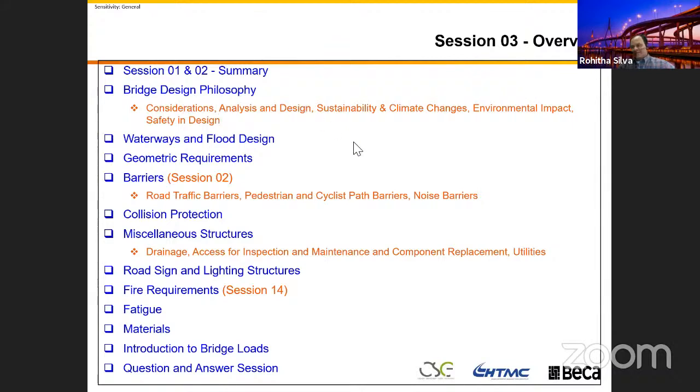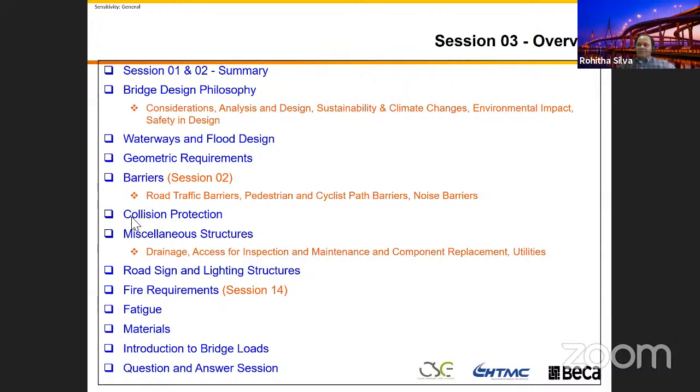Then I will give you an overview of bridge design philosophies, the way the course develops. I'll spend a bit of time on waterway and flood design, which is quite important, and touch base with geometric designs and the barrier designs, the concepts we discussed in session 2, where there was an assignment as well.